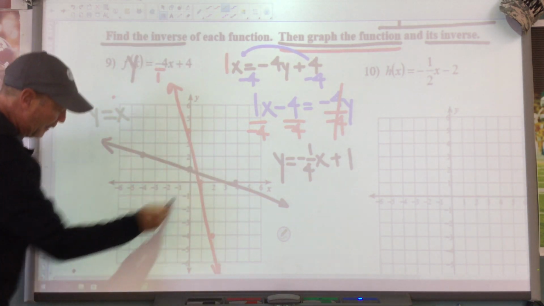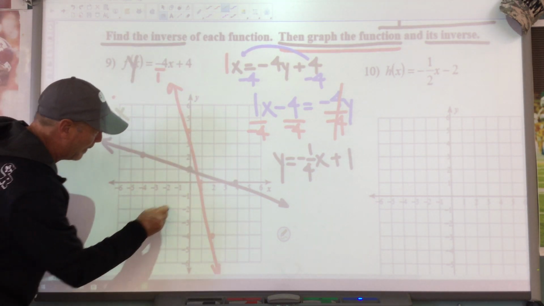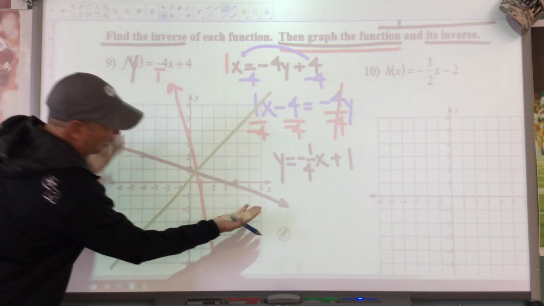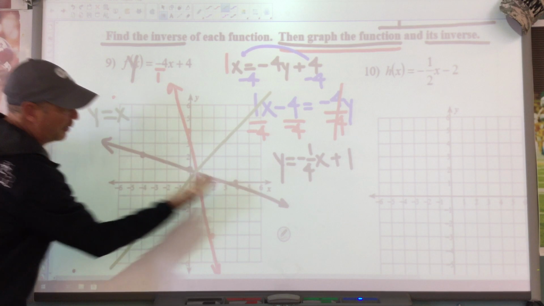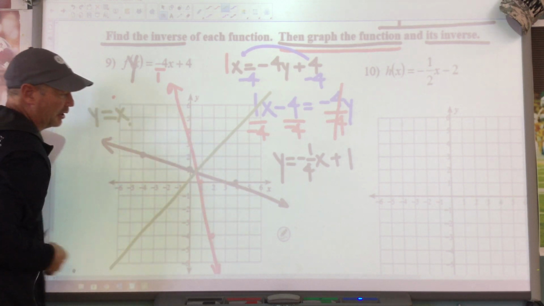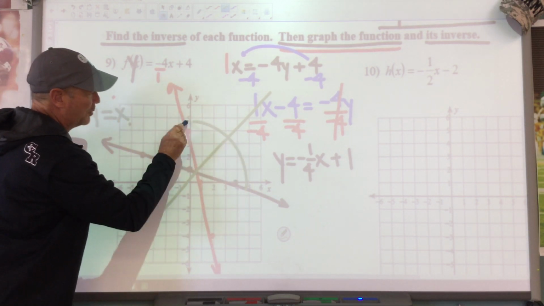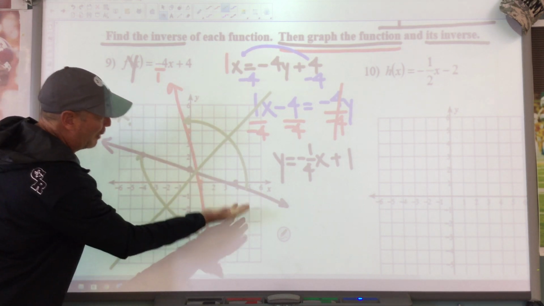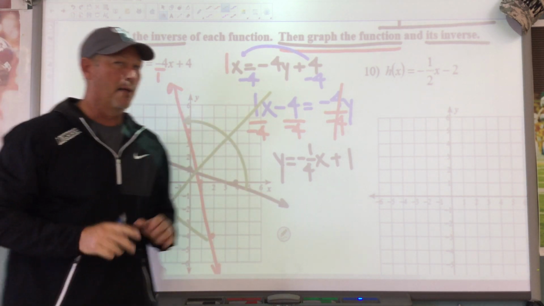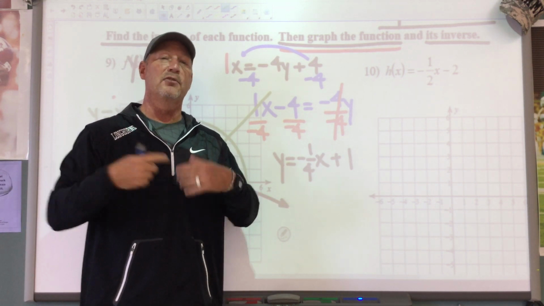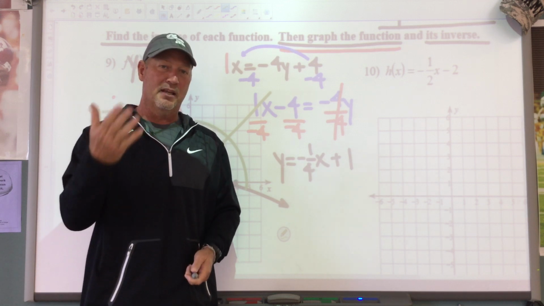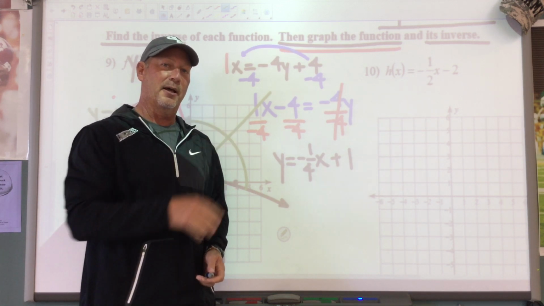So if I was to graph that, you could see that this would fold over and match. This line would match up to that. We would fold over and match up perfectly. I'm not asking you to do that, but I'm just giving you a visual to show you that we have found the inverse, and the inverse is a reflection over that line.